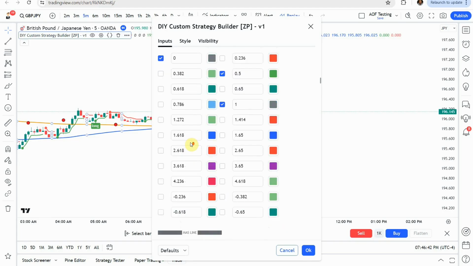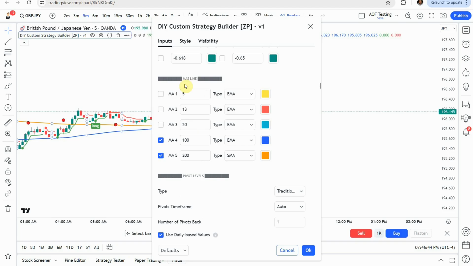And then scroll down from there. We're going to go down to the MA's line right here. Make sure that these two are the only two that are checked. Change the MA4 to 100. Make sure it's checked to the type EMA. The MA5, change that to 200.